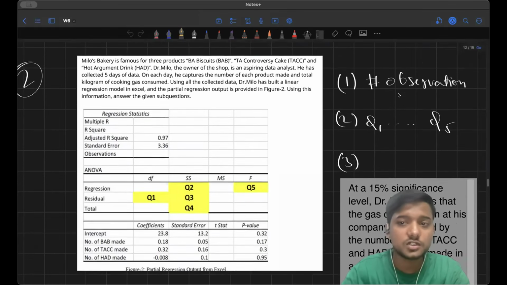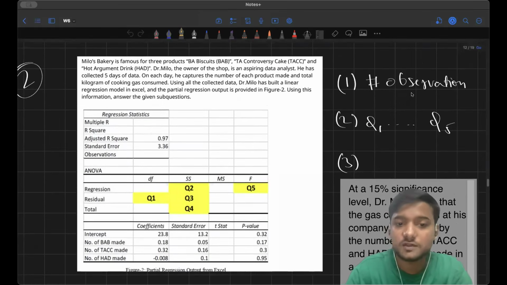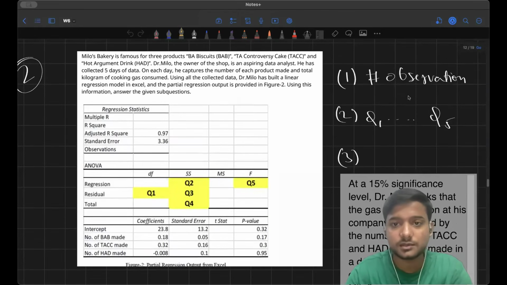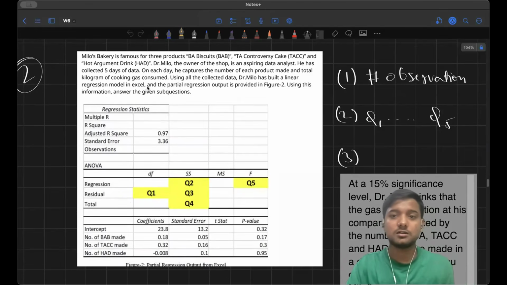The first question was, how many observations are available in this data set? So how do I find this? Do I see it here? No. Do I see total degrees of freedom? No. So how do we do that? For that, you need to read the question. He has collected 5 days of data.